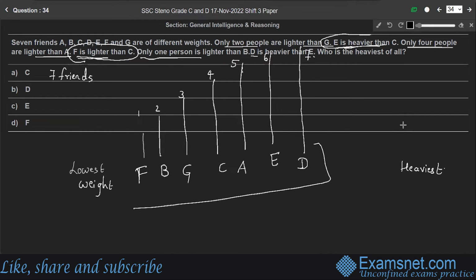This is how we have to arrange them. Here the question is, who is the heaviest of all? D is the heaviest of all. So option B is the right answer.